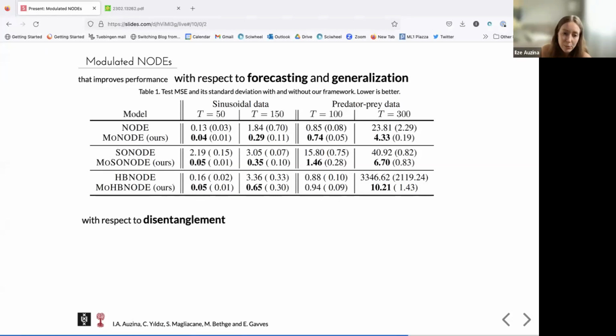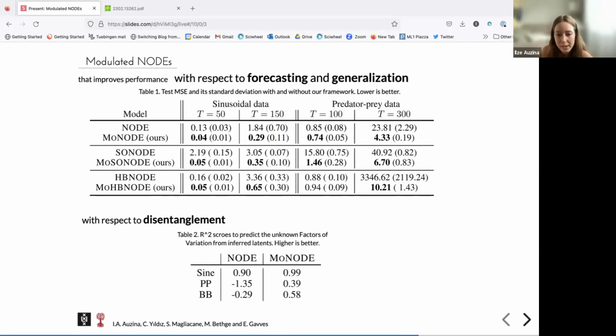So indeed, we would like to make a soft claim that we also improve disentanglement, because there's a whole field of disentanglement and how it's done. So we don't want to say anything wrong, but we took the trained models and regressed, for the neural ODE model, the latent dynamic states, and for the modulated neural ODE, the dynamics modulator variables, with respect to the true unknown factors of variation.